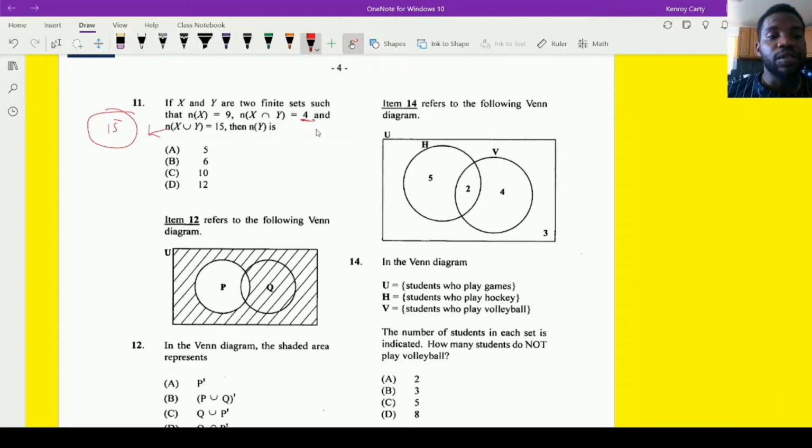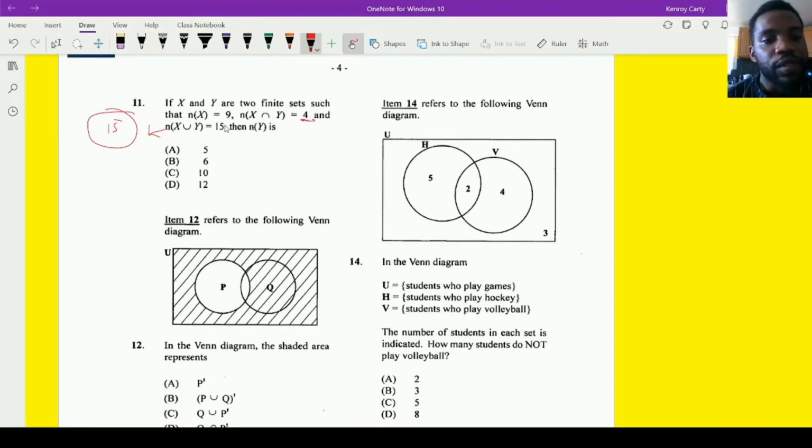So the big question now is how much is in set y. Now please remember that how the union works is that if I were to add the two sets, x and y, and I subtract the intersection, I would get the union, right? So what number can I add to 9 so that when I subtract 4, I get 15? That's a very important question that we're asking here.